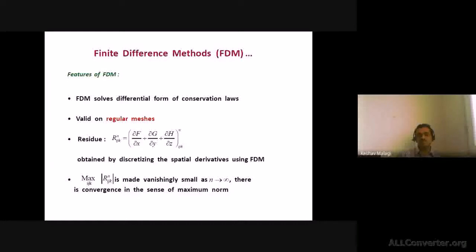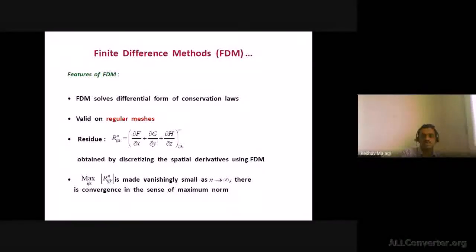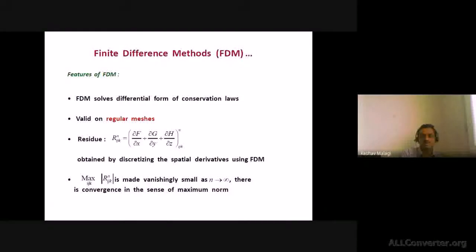And at each point we try to drive this residue, whatever is the flux for a steady case, to zero. So it converges in this sense. Important to know, it is the differential form which is used, and it is the max R_ijk which is the convergence criterion.